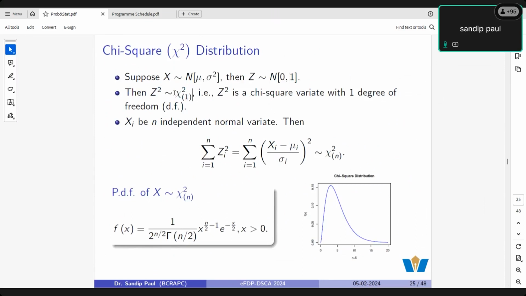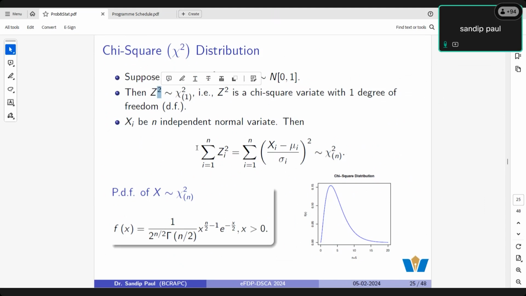And if we consider the sum of n such chi-square variants, that means the sum of n number of z square, it will be another chi-square variant, but the degree of freedom will be increased to n.